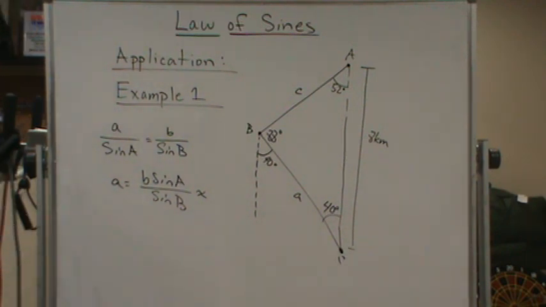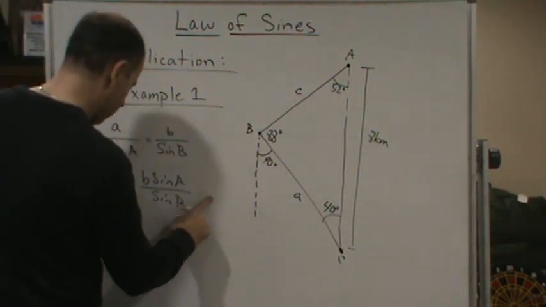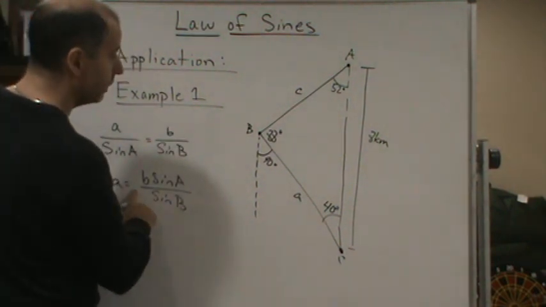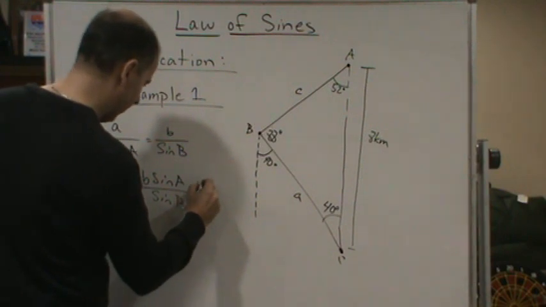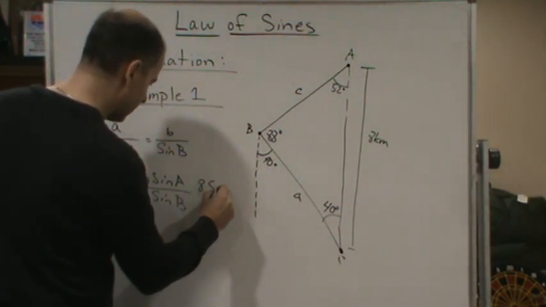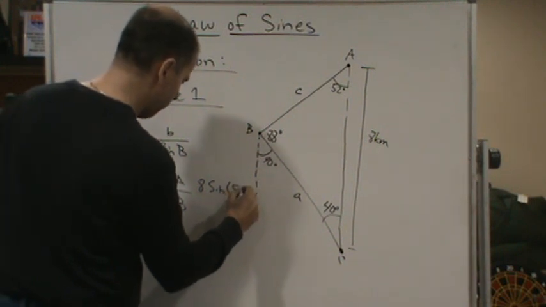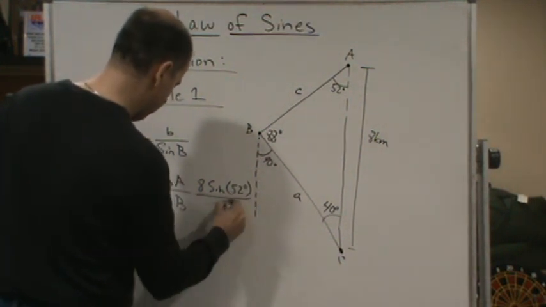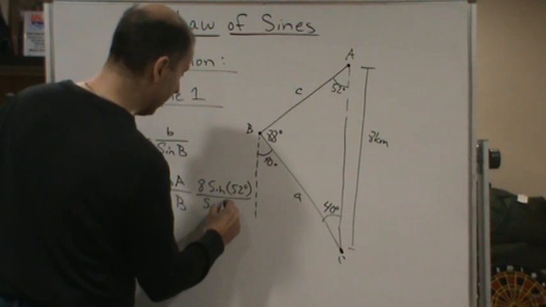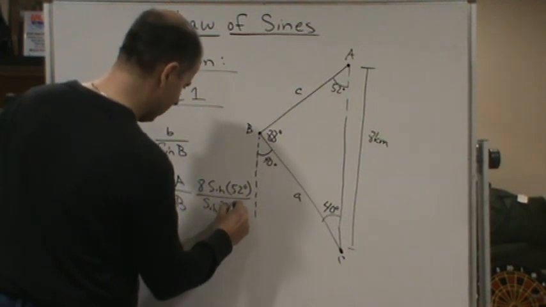And so we stick that in our calculator, and A is going to be approximately equal to, hold on a second, let's fill this in. So B is 8, and then sine A, which is 52 degrees, divided by sine B, which is 88 degrees.